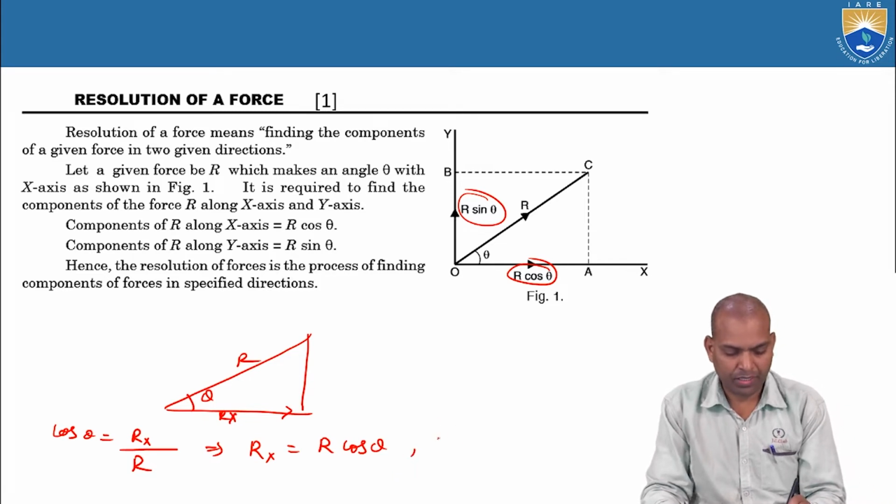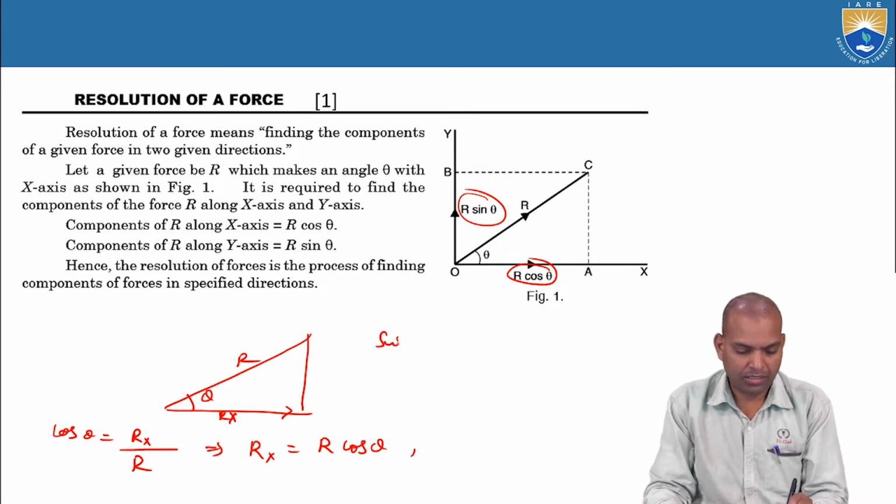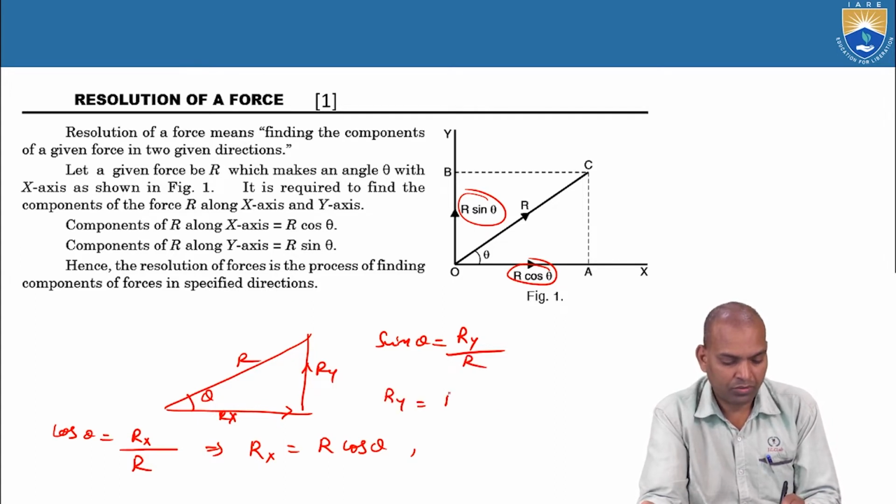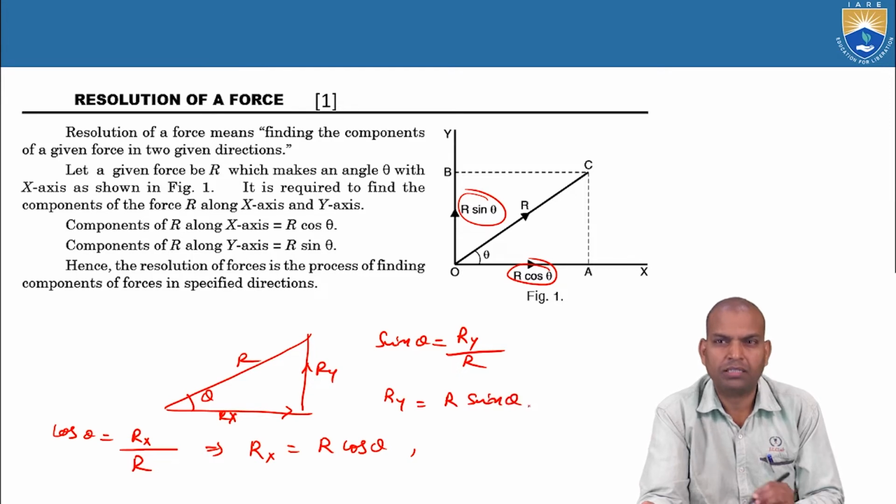Similarly, sin theta equal to opposite side by diagonal, this is Ry by R. Now Ry equal to R sin theta.